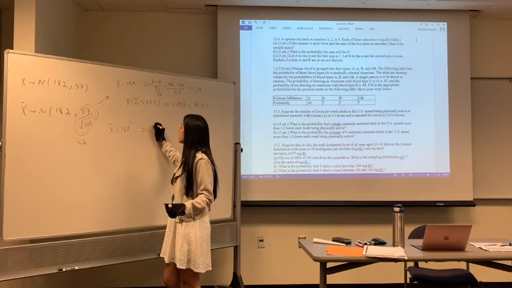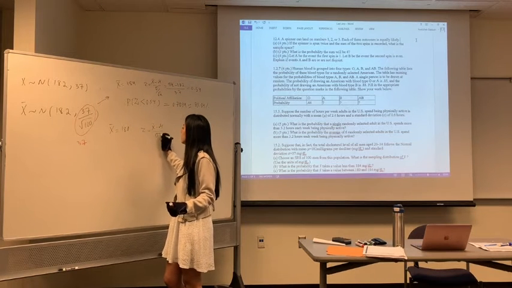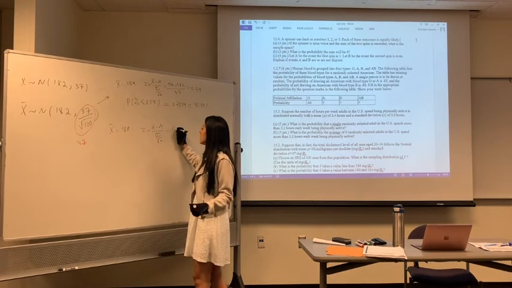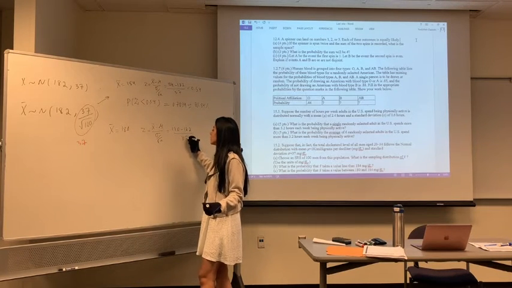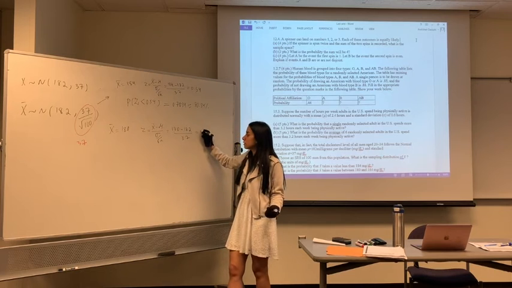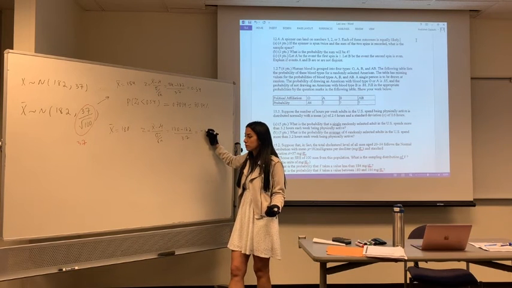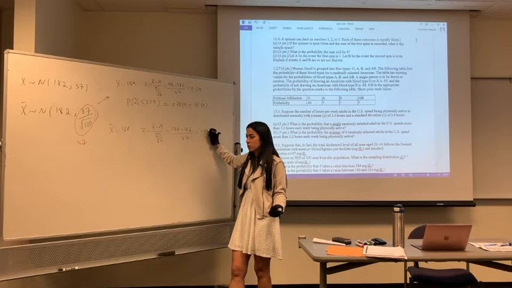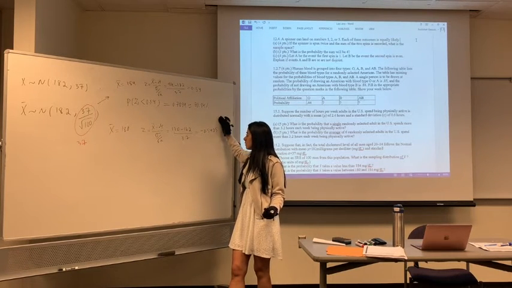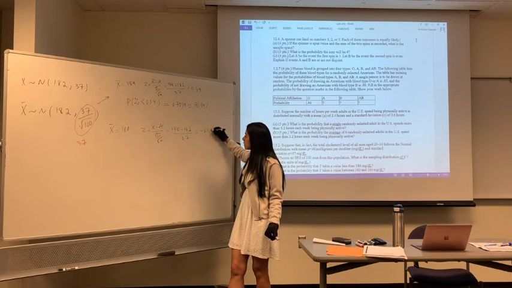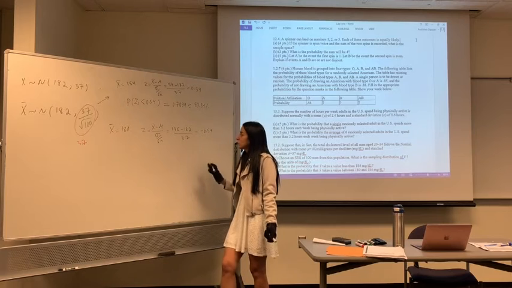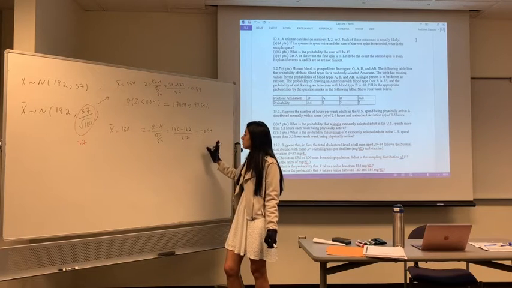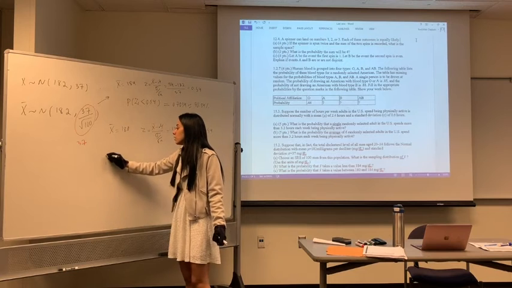So Z is X bar minus mu divided by sigma over square root of n. 180 minus 182 divided by 3.7 is equal to negative 0.54. Because this is negative, now let me write it down.